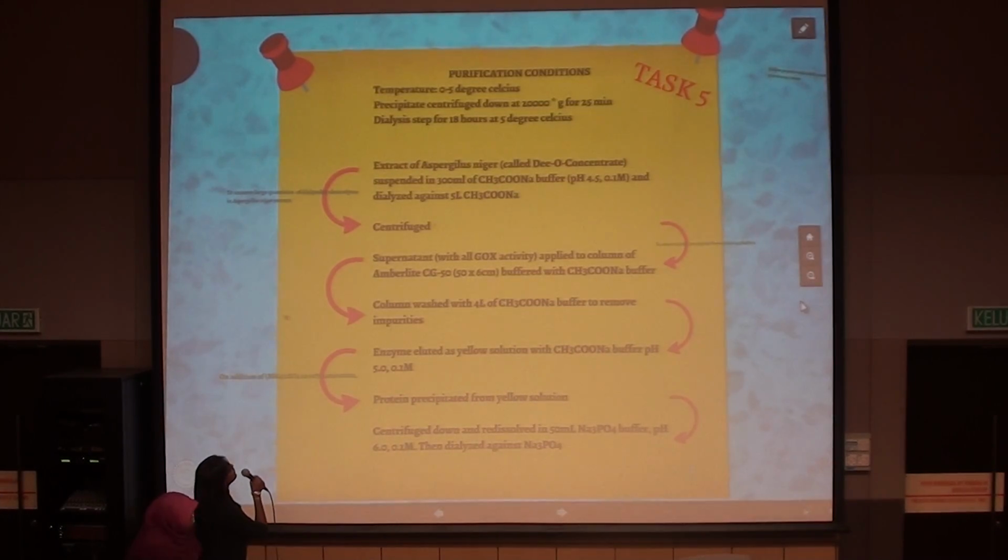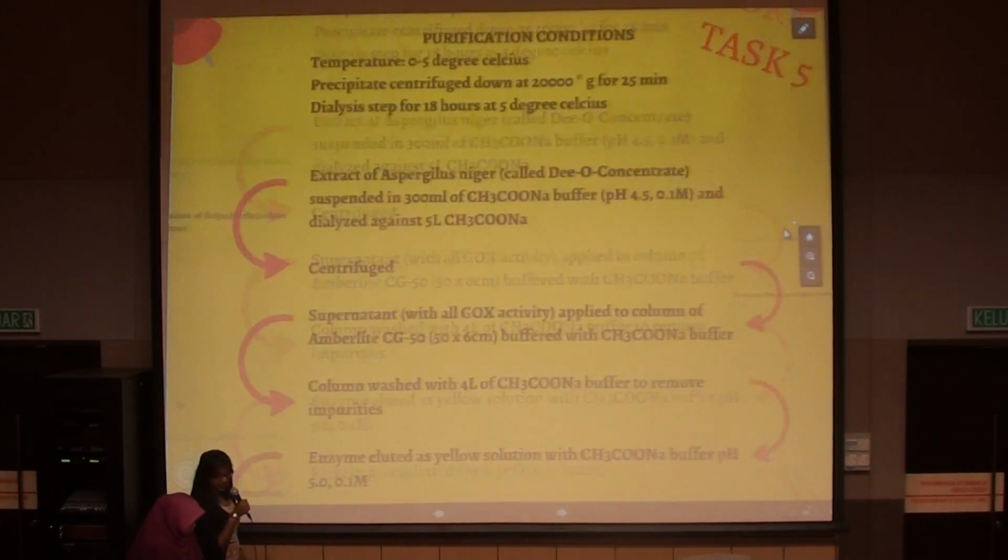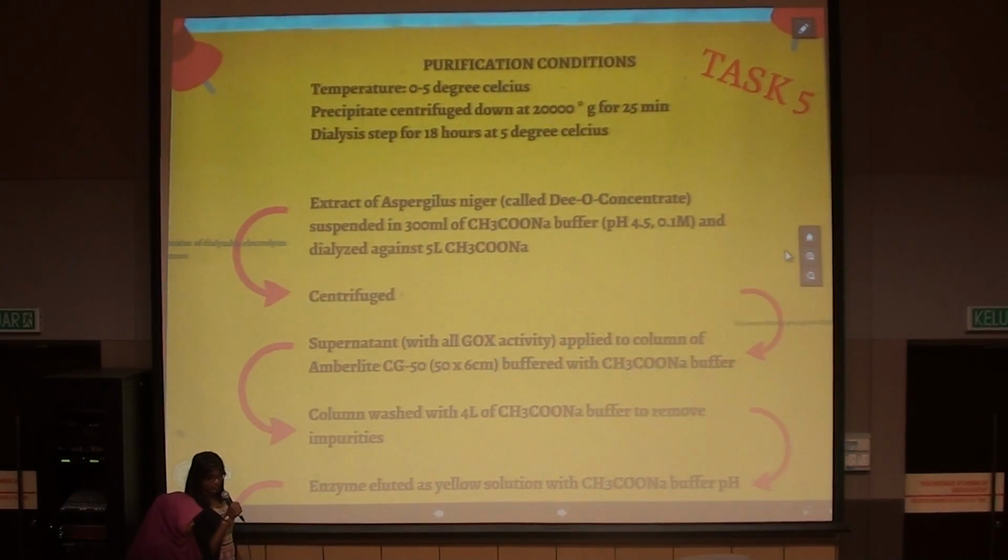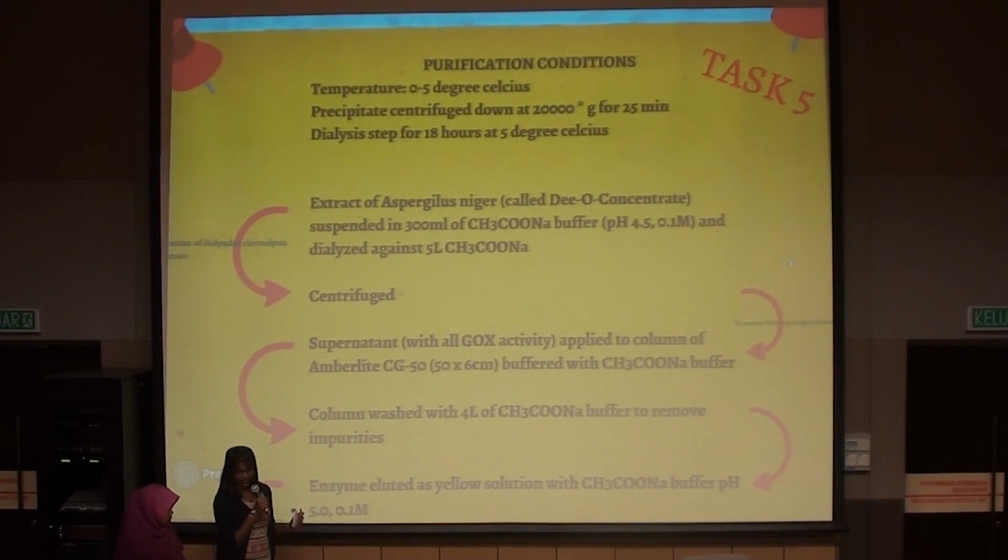So how do we purify GOX? First we have to set the conditions: temperature, precipitation, centrifuge at which speed, and the dialysis step for how many hours. Okay, first 50 grams of Aspergillus niger is suspended in sodium acetate buffer and dialyzed against sodium acetate buffer.